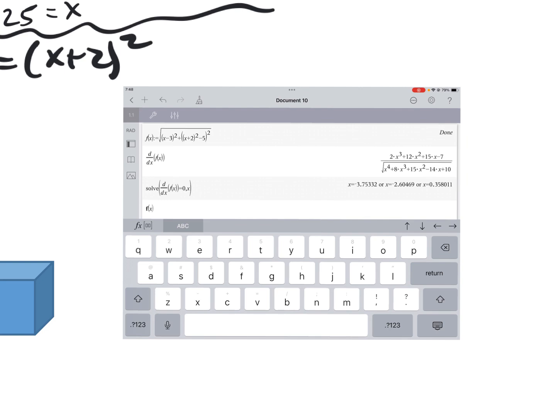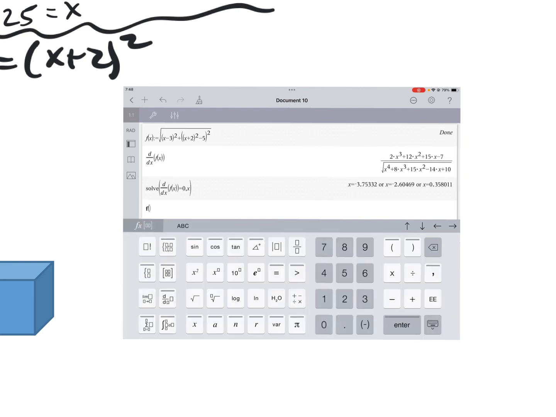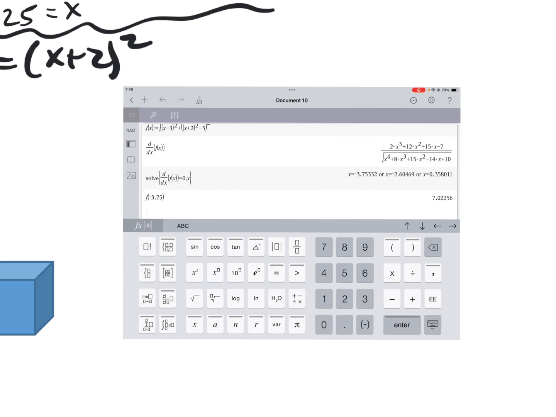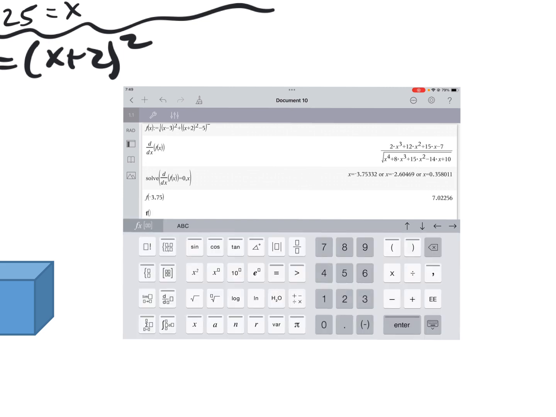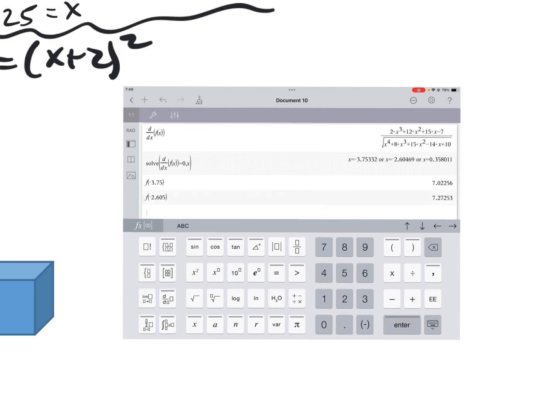But if we do f of, and you can copy and paste those values, but we just want to get a pretty good idea. There's f of negative 3.75, and that's a distance of about 7. And so we have f of negative 2.605, rounding off correctly there.